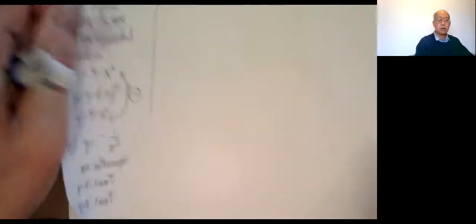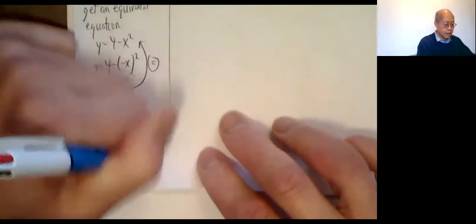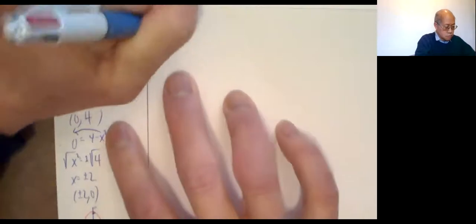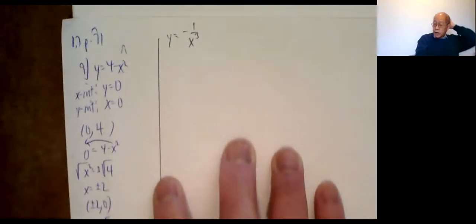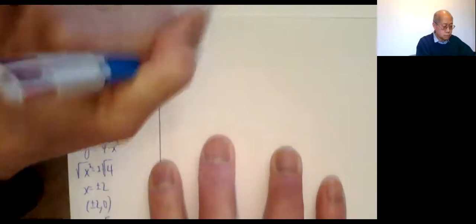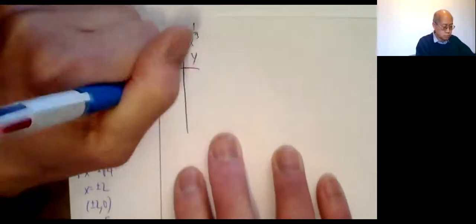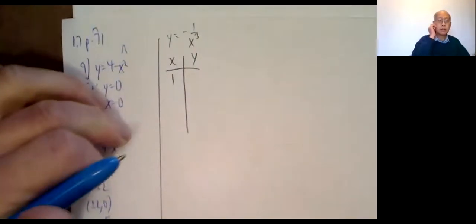Okay, so how do I graph such a crazy thing like that? Well, let me just pick some points. Okay, so I'm going to go back up. Y equals -1 over x cubed. Well, I can plug in 1, right?